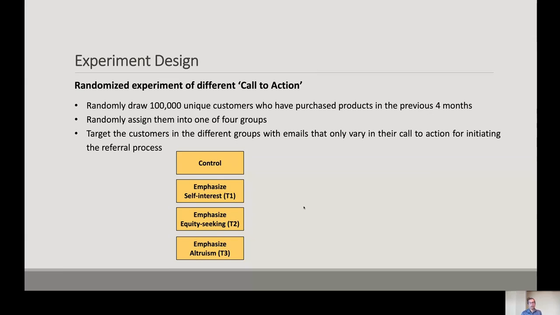So now we have got the treatment. And I'm sure that you realize that the idea of self-interest, equity seeking, or altruism was the idea in the design of the incentive structure. And now the same idea is being extended in the design of the messaging system, given that the incentive is actually already fixed, right?